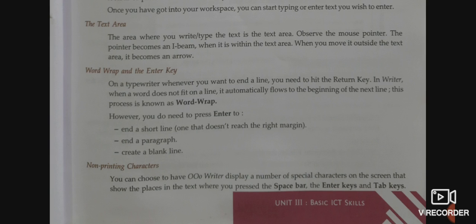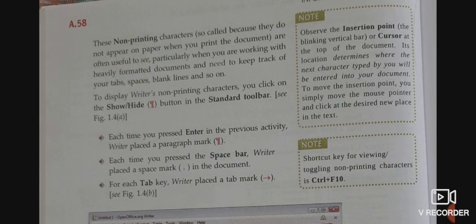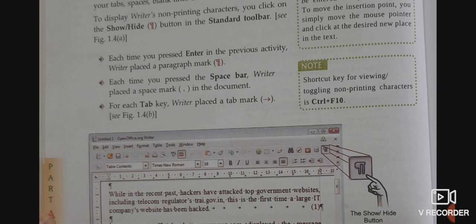The computer considers pressing of the space bar, Enter key and Tab key also as characters. So for the computer, pressing the space bar, the Enter key or the Tab key also creates characters. These are the non-printing characters which never get printed on your document, but they are there.